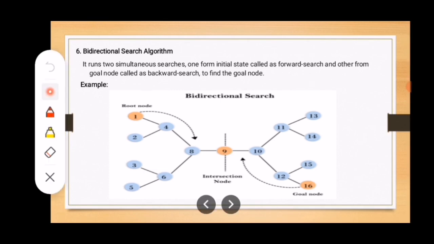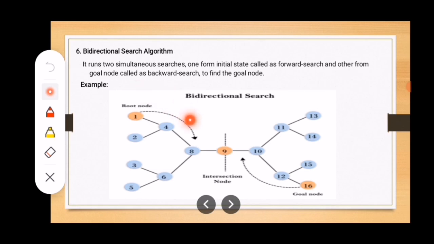In the example below, the bidirectional search algorithm is applied. This algorithm divides one graph tree into two subgraphs. It starts traversing from node 1 in the forward direction and starts from the goal node 16 in the backward direction.